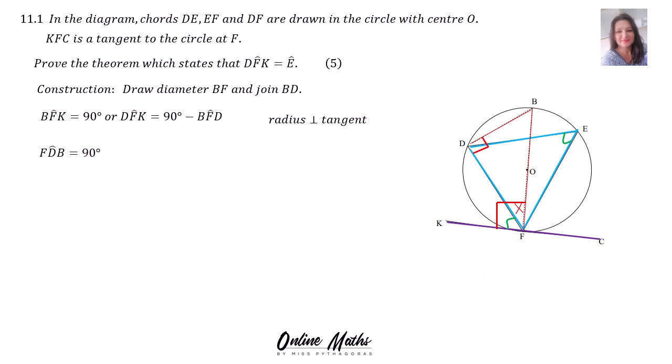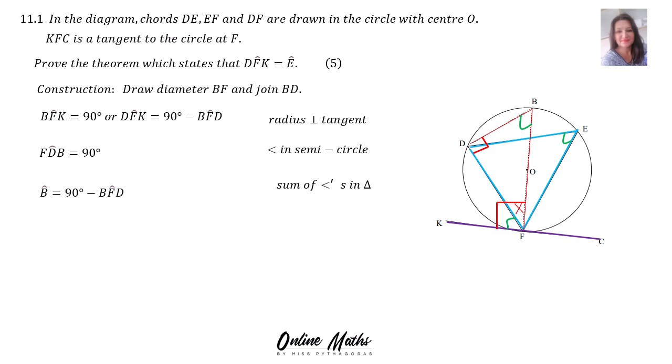Furthermore, we can say that angle FDB is equal to 90 degrees and the reason is angle in semicircle since BF is a diameter. Then we can say that angle B is equal to 90 degrees minus BFD. BFD is the one with the cross in and the reason is sum of angles in a triangle.